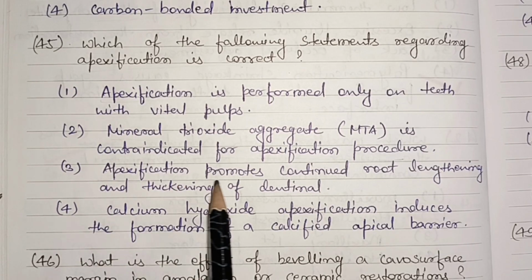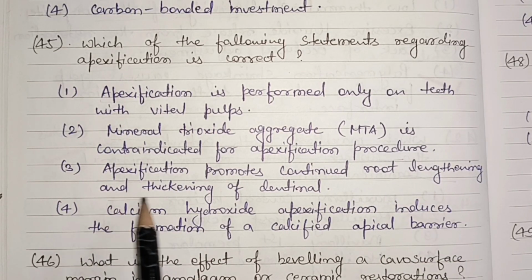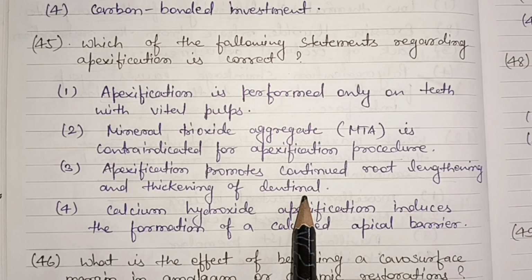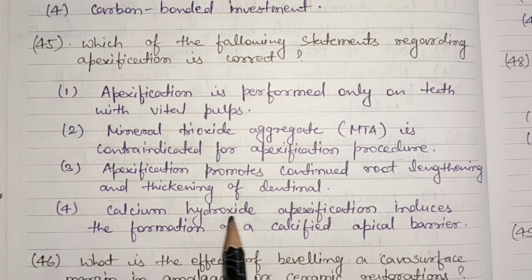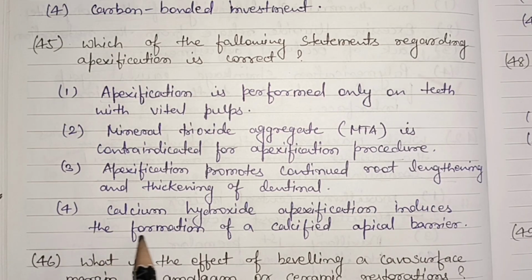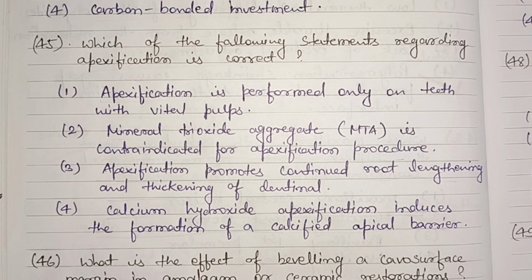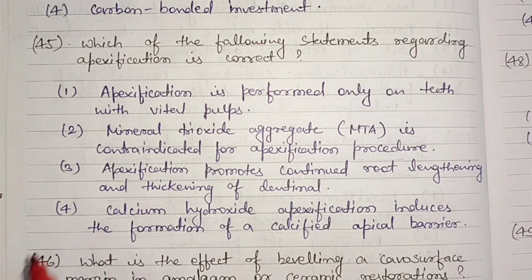Option 3. Apexification promotes continued root lengthening and thickening of dentinal walls. 4. Calcium hydroxide apexification induces the formation of a calcified apical barrier. And the answer is option 4.